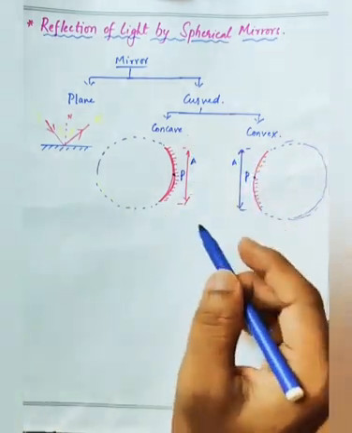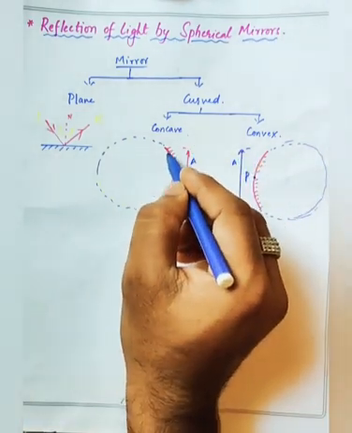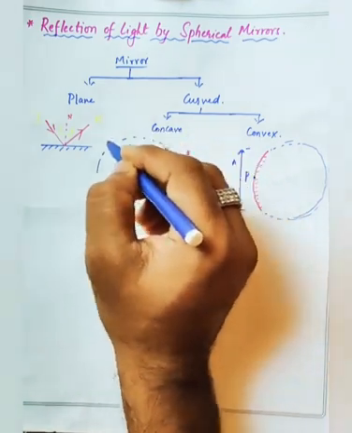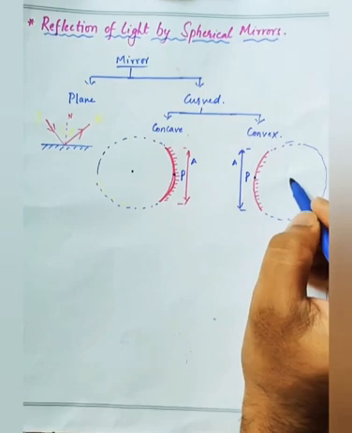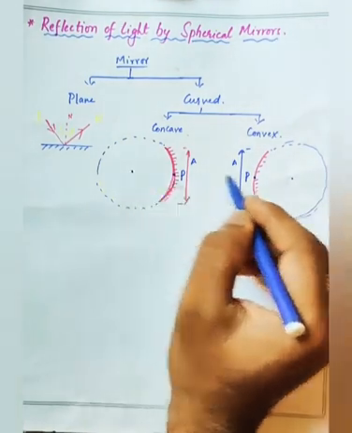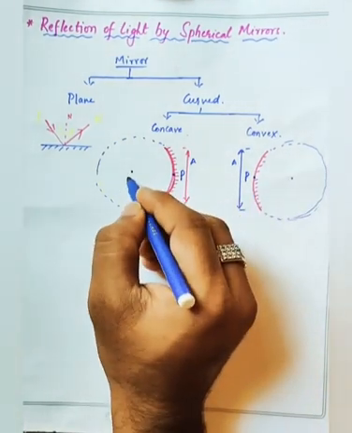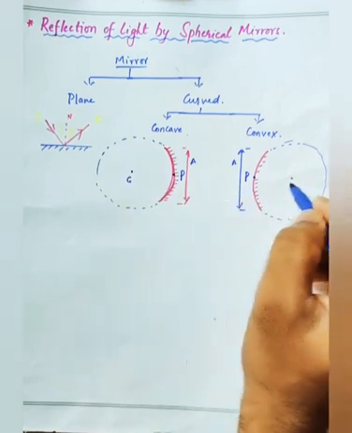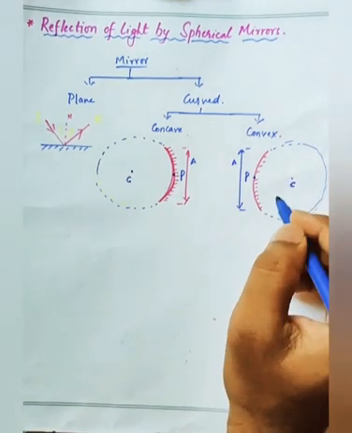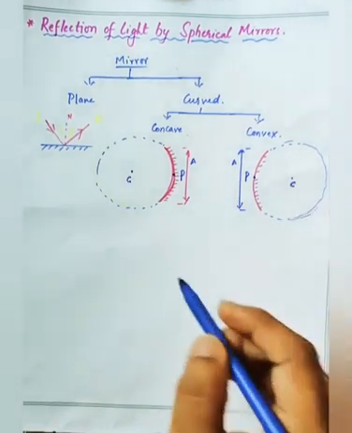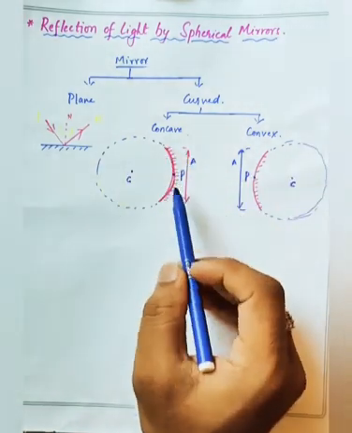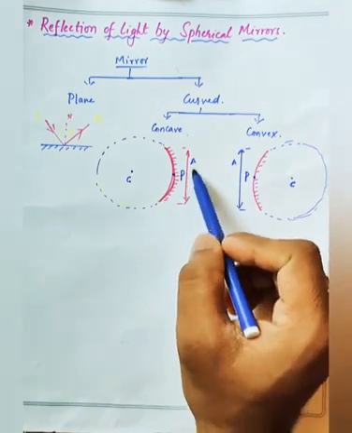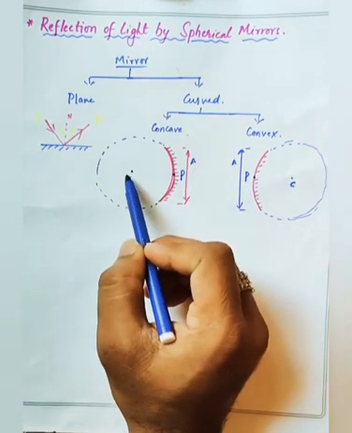Now if I consider this complete thing as a sphere, obviously we will have a center for this. Here also we have a center. This particular point is the center of curvature. The center of the sphere is nothing but the center of curvature. So we are done with the pole, the aperture, and the center of curvature.